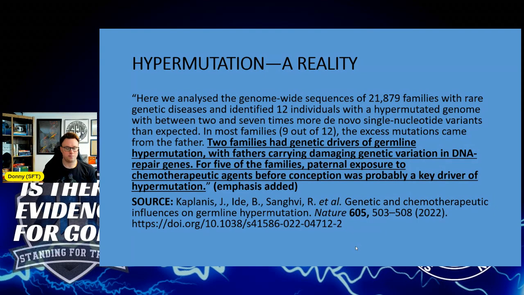that are real. So again, two families had genetic drivers of germline hypermutation, with fathers carrying damaging genetic variation in what? DNA repair genes. So this is today, we understand that closer to the flood, the effects of the flood are what?